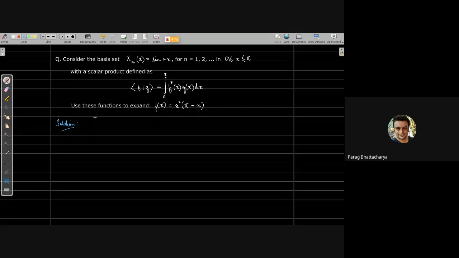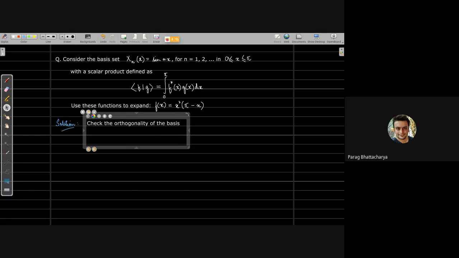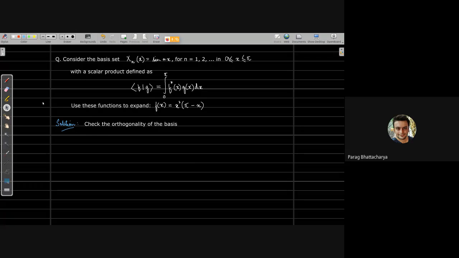First we check the orthogonality of the basis. And how do we check the orthogonality of the basis?